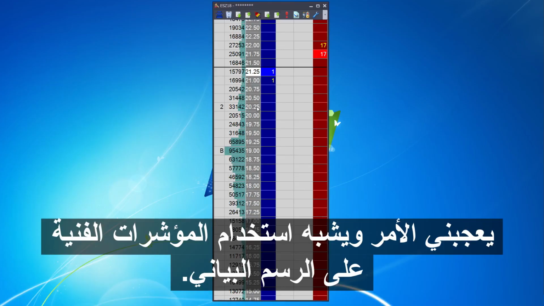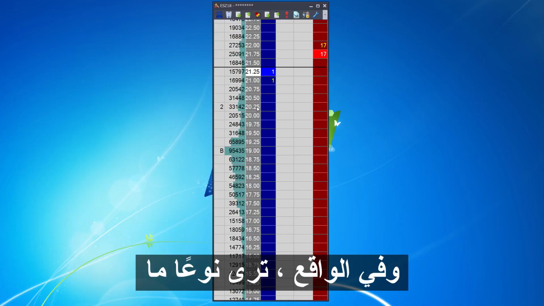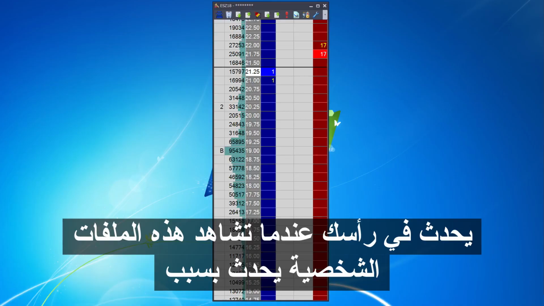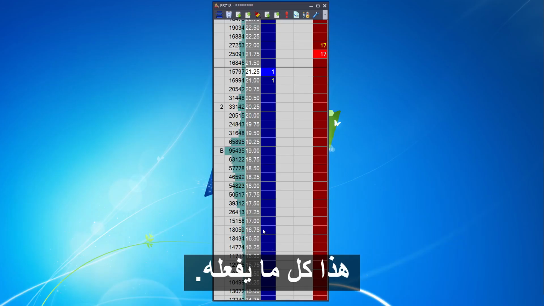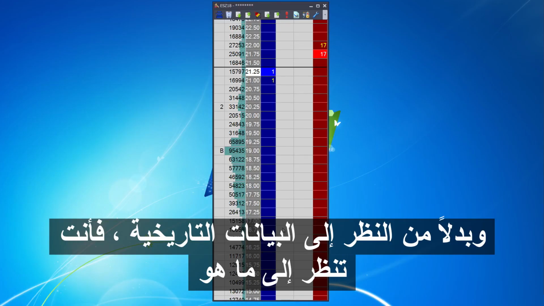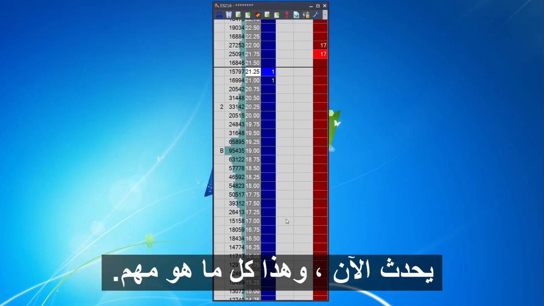I like it, and it's kind of like using technical indicators on a chart. And in fact, you kind of see a chart happening in your head when you watch these profiles happen, because the market just moves up and down. That's all it does. And instead of looking at historical data, you're looking at what's happening now, and that's all that's important.